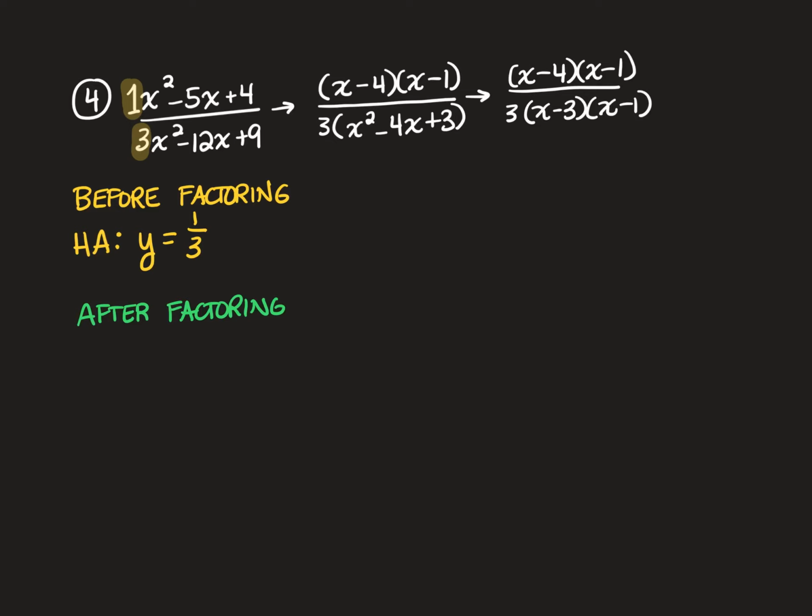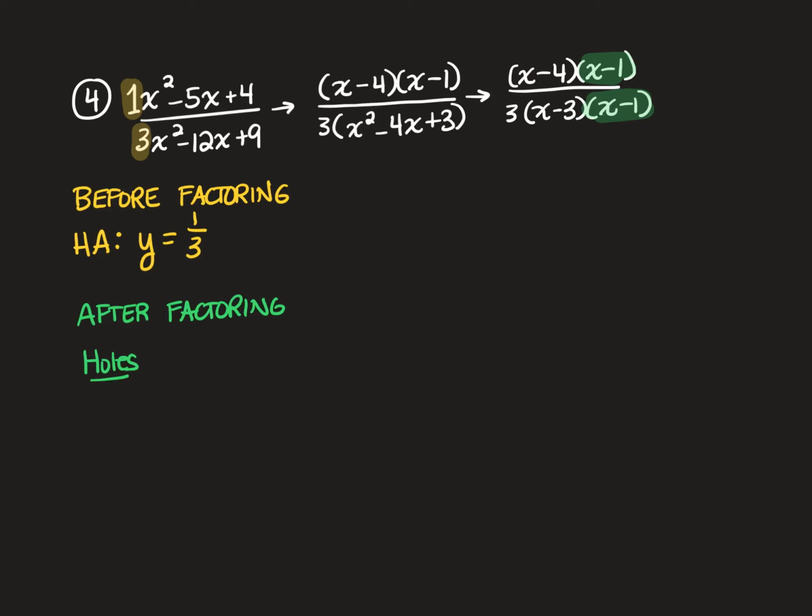And in order to figure out if there are any holes in the function, I have to look for any giant 1s that might be in what I just factored. So I can see that there's a giant 1 right here and right there. Those two factors create a giant 1. So now that we know where the giant 1 is, we can take that x minus 1 and ask ourselves what would make that factor be 0.